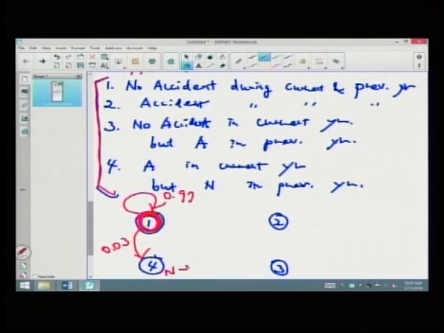And then current year, there is an accident. Is that correct? Right? And then here, state number 1 says no accident last year, previous year, and then no accident the current year. So when you draw the transition line, you got to match this condition with this condition. Is that right?